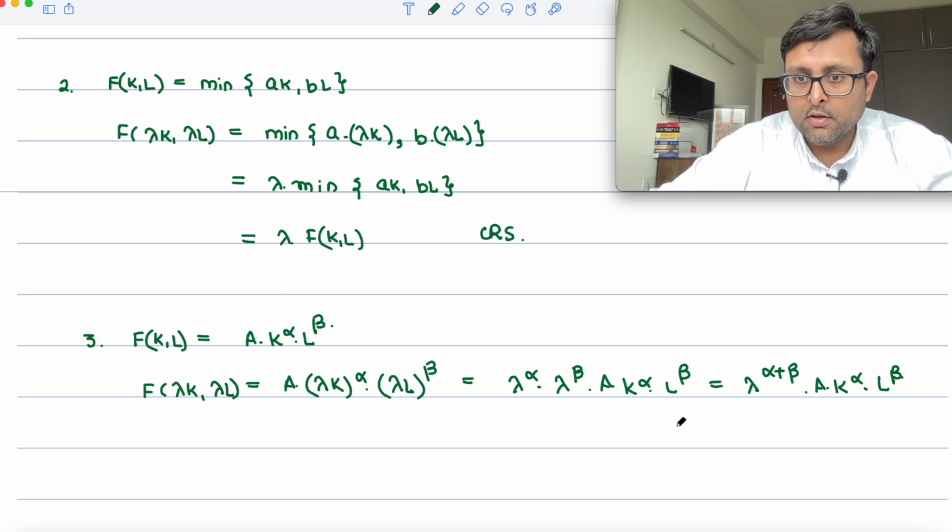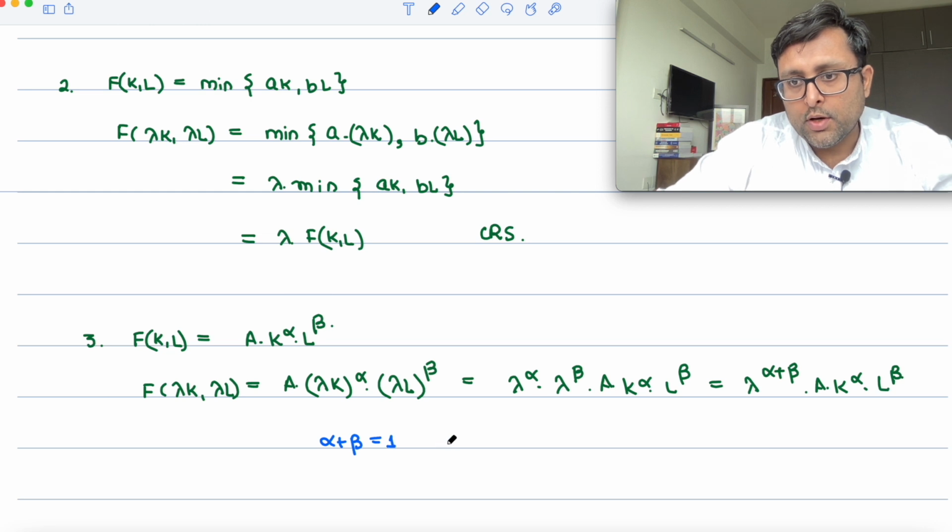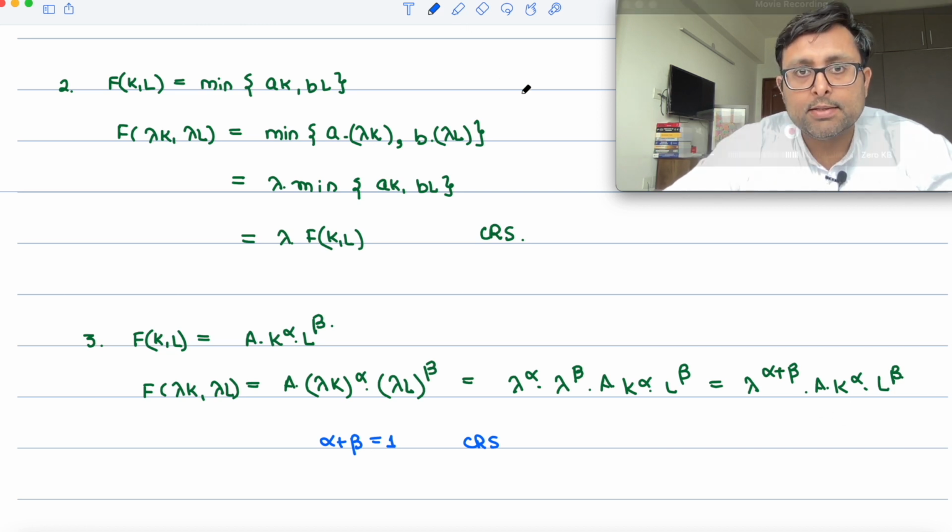Now it all depends on whether alpha plus beta is greater than 1, equal to 1, or less than 1. If alpha plus beta is equal to 1, then this is a CRS case. Why? Because f of lambda K, lambda L would be equal to lambda f of KL.